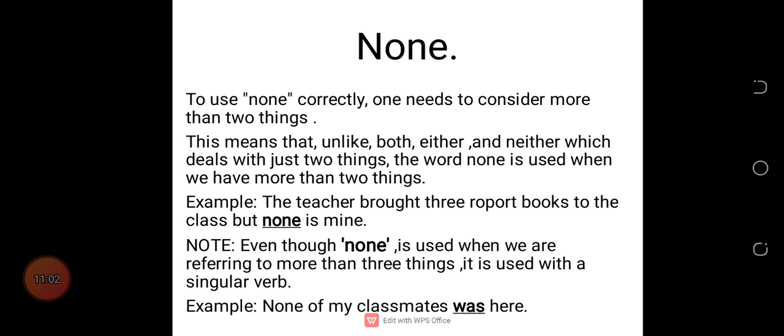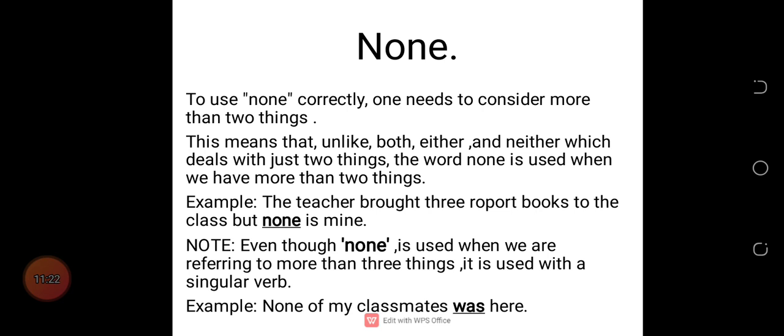We should also know that when we use none, it goes with a singular verb. Now it's also known as an indefinite subject. Either, neither, every, each, all the kind we've talked about.